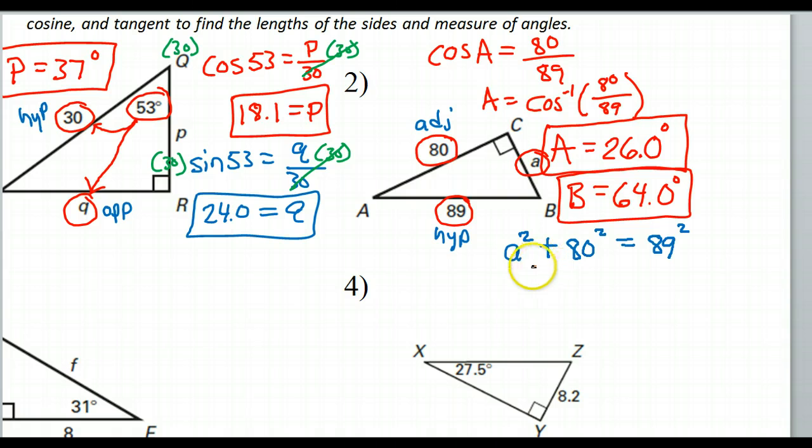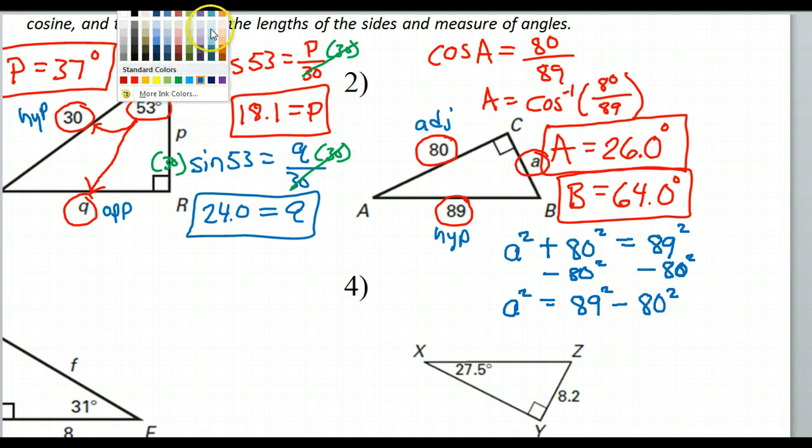I could turn these into regular numbers, but I'm going to leave it like it is for right now and just subtract 80 squared from both sides. So minus 80 squared, minus 80 squared. So that's going to give me A squared equals 89 squared minus 80 squared.